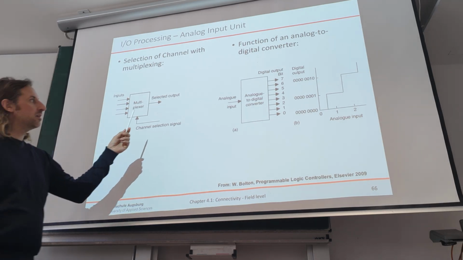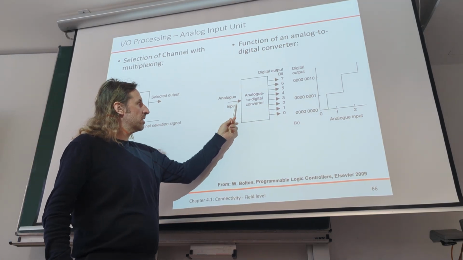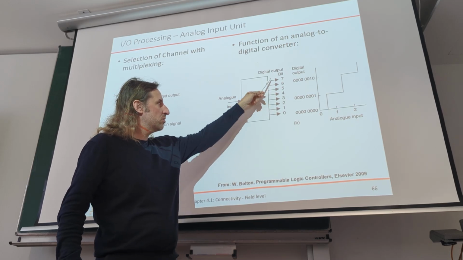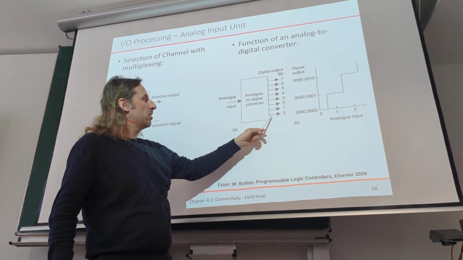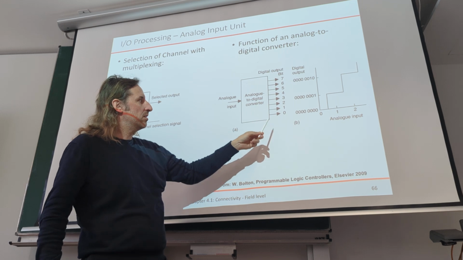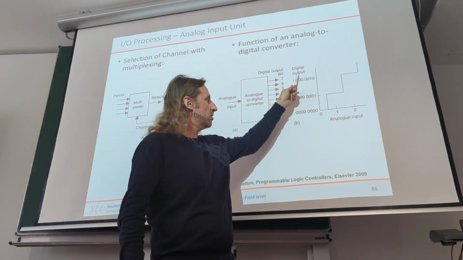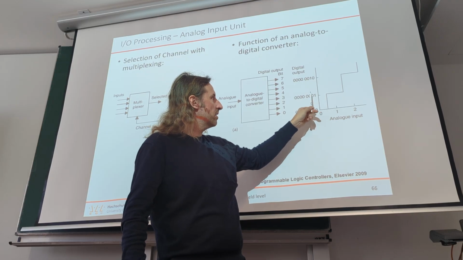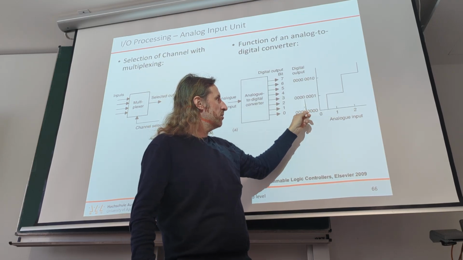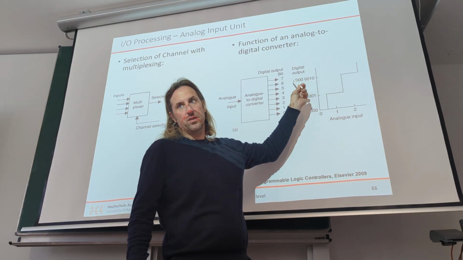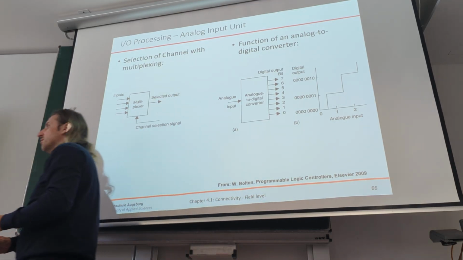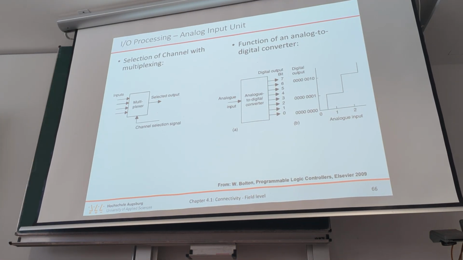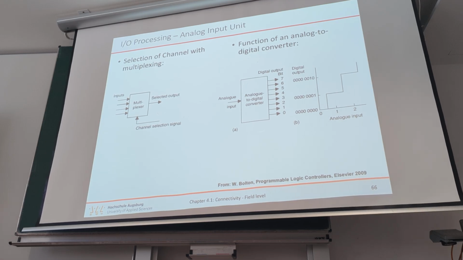The analog input comes in, and in this example the converter converts it to an 8-bit output. Basically it has steps: depending on how high the input voltage is, you get a different binary digital output from that analog to digital converter.